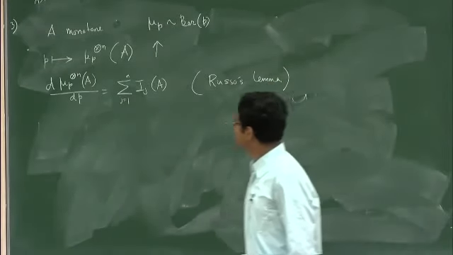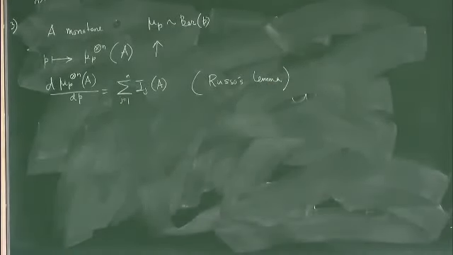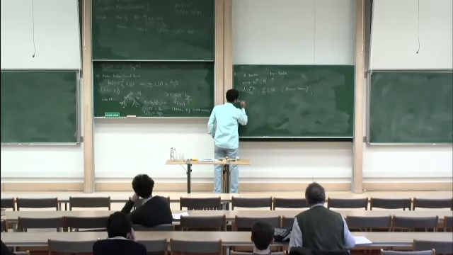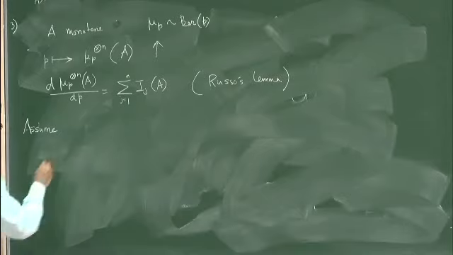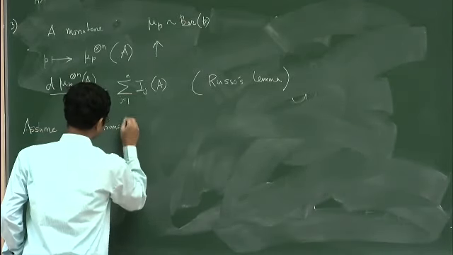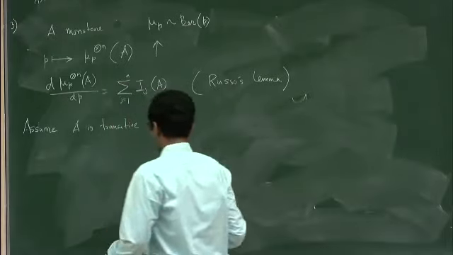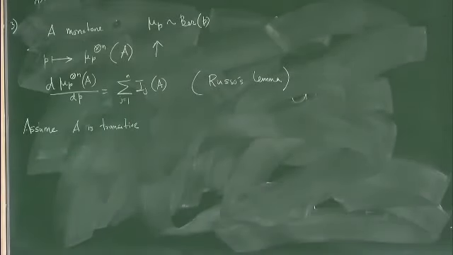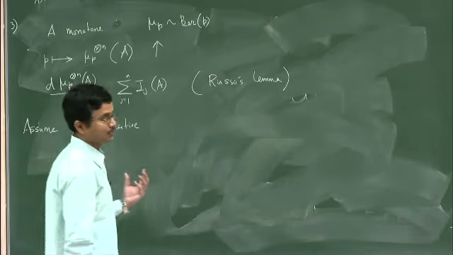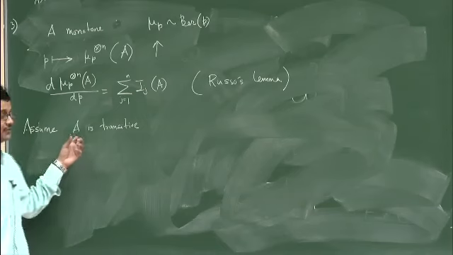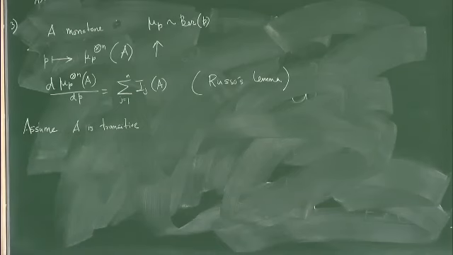Now, why is this important? Assume further that A is transitive. So we assume that A is monotonically increasing, and now I assume A is transitive. Here, transitive means that the permutation group acts on the labels of the variables, right? So by transitive we mean that there is a transitive subgroup of the permutation group under which A is invariant.